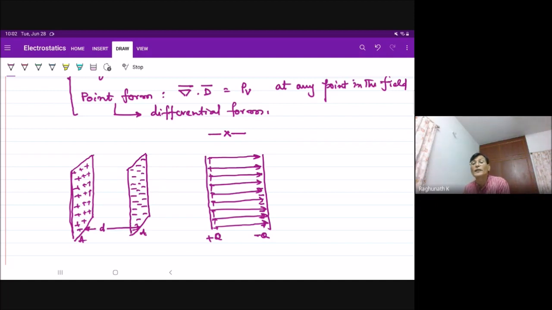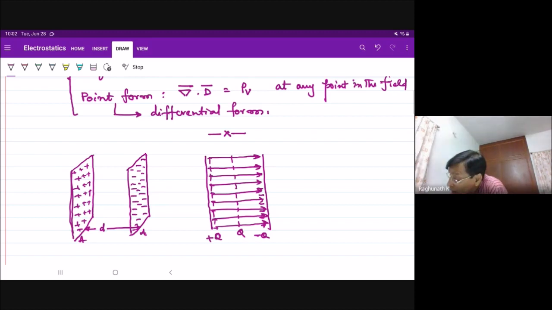The flux lines are a set of parallel lines in this volume. How many flux lines will go from one plate to the other plate inside the dielectric medium? Q number of flux lines, because Q charge created Q flux lines. Those Q flux lines got terminated on negative charge Q.